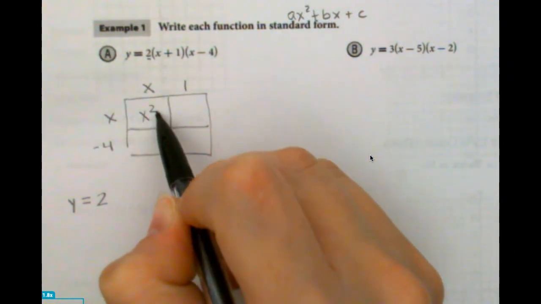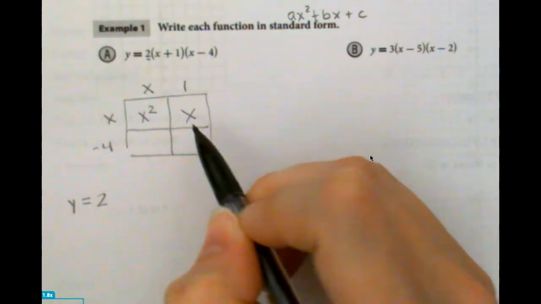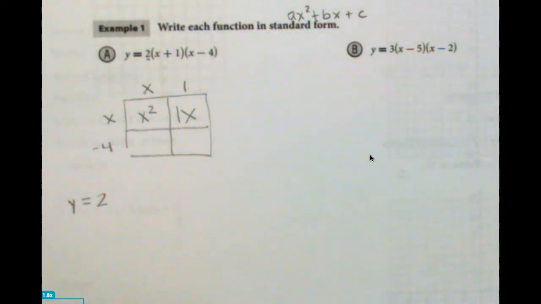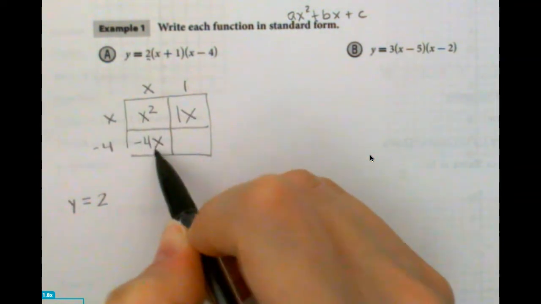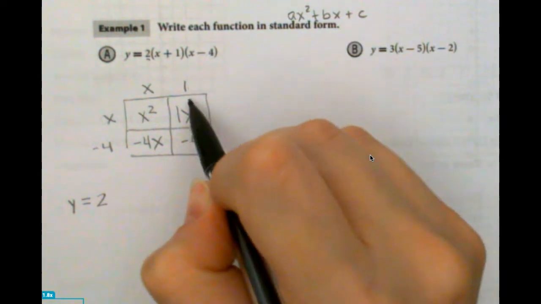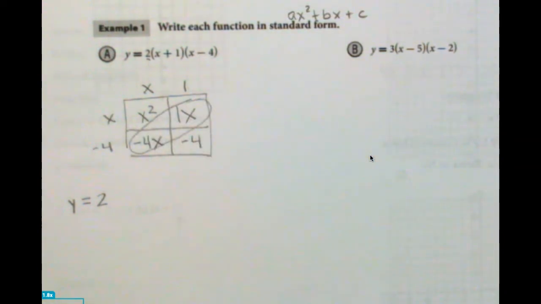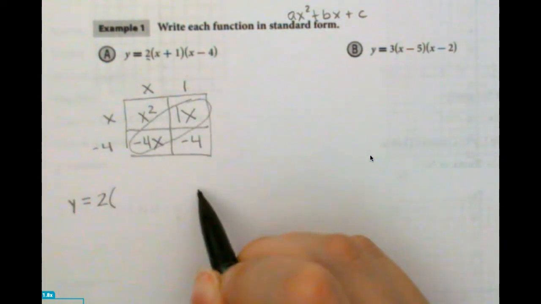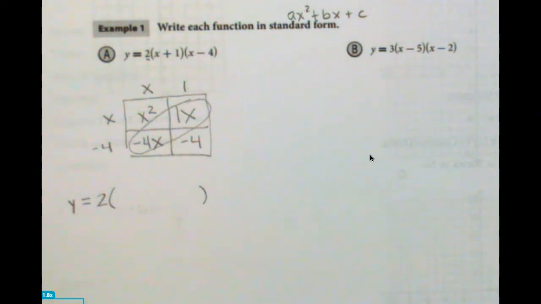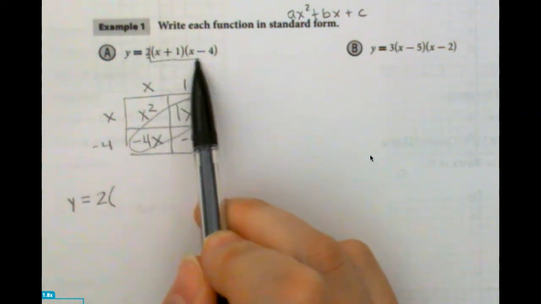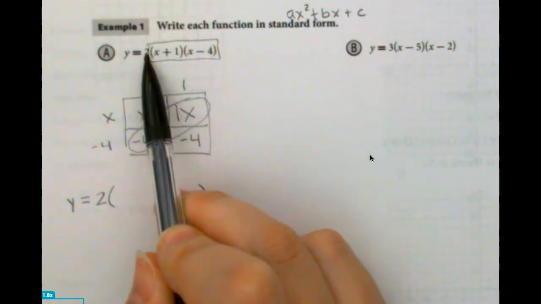So I've got x squared here. 1 times x is x. You can put 1x if you want. This would be -4x, and this is -4. I'm going to combine like terms, but when I do this, I'm going to put my new polynomial in parentheses because I'm just converting this. I'm not converting the 2 yet.